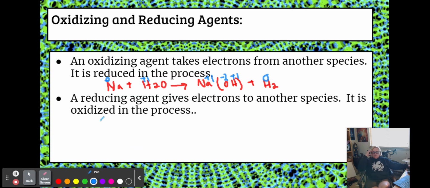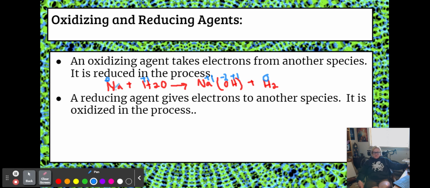All right, so in a redox reaction, you always have something that's oxidized, and you always have something that's reduced, and one of the species is doing the opposite thing to the other species. So for example here's my sodium being thrown in water again to make sodium hydroxide and hydrogen gas. I didn't balance the equation.